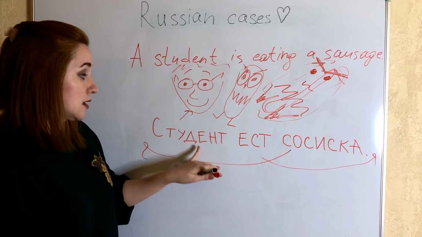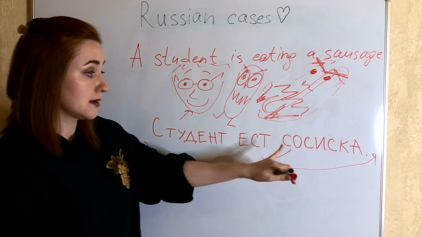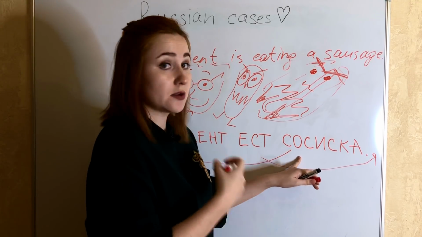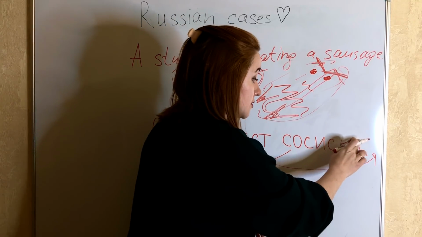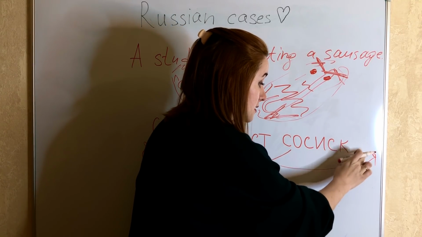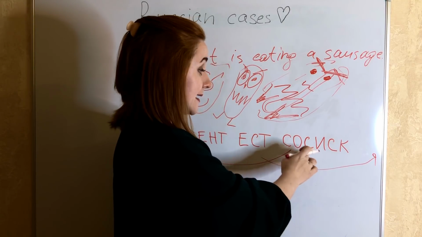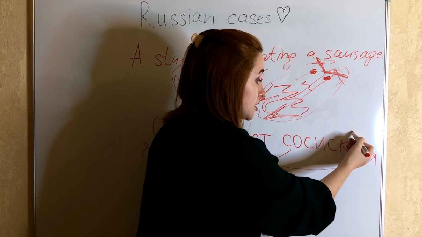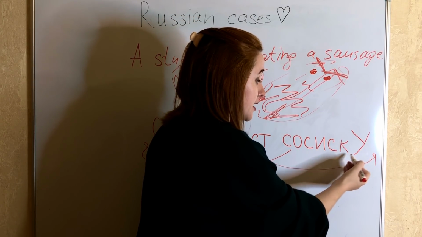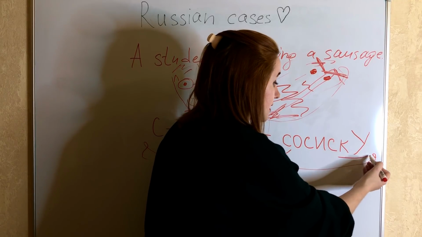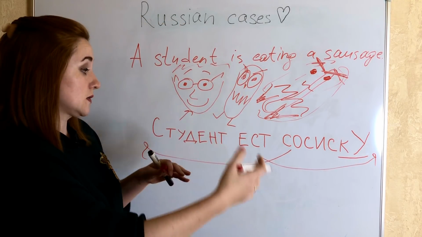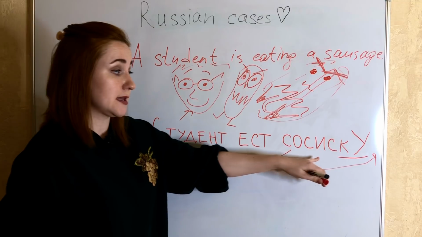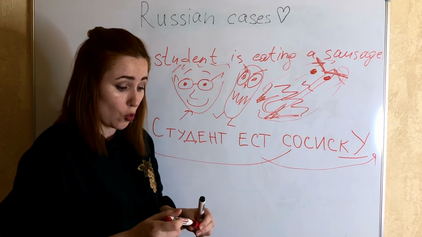So you see, студент ест. A student is eating what? So we understand that a student is eating the sausage, and we change the ending. А turns to U. Студент ест сосиску.